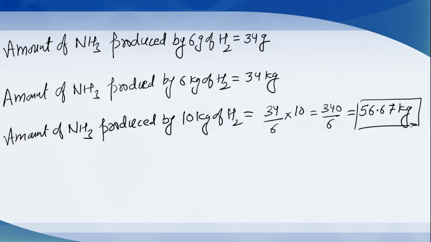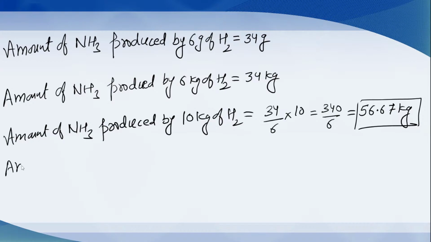Okay, got it? It is 56.67 kg. That is the amount of ammonia produced by 10 kg of hydrogen.